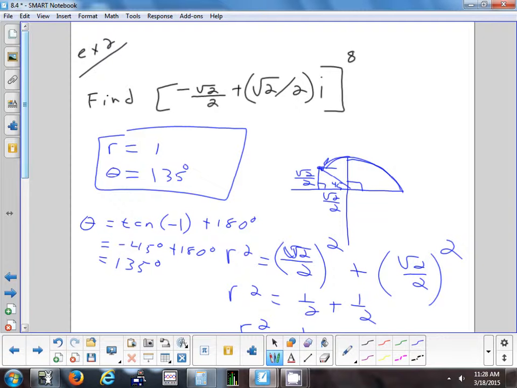But in my head, if I know this is a 45-degree angle, and I'm in quadrant 2, that's an angle of 135. If you had a 45-degree angle in quadrant 3, without even doing any arithmetic, I know it's 225, because it's 45 plus I went halfway around.